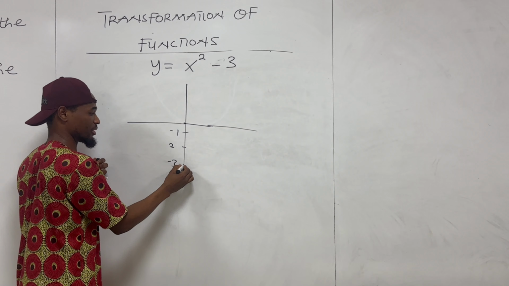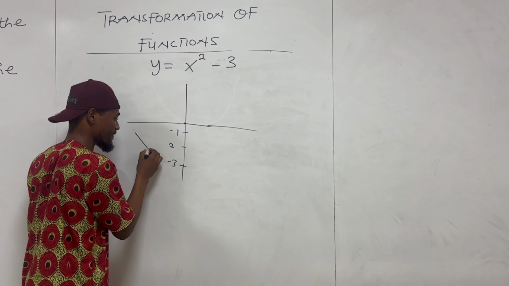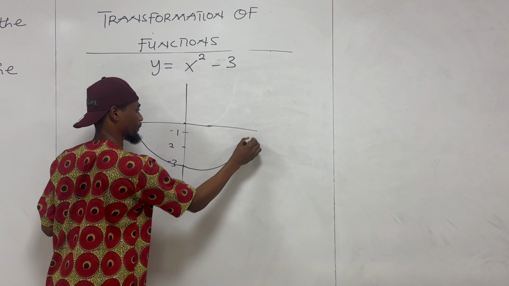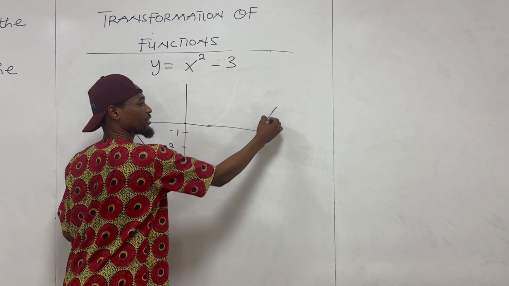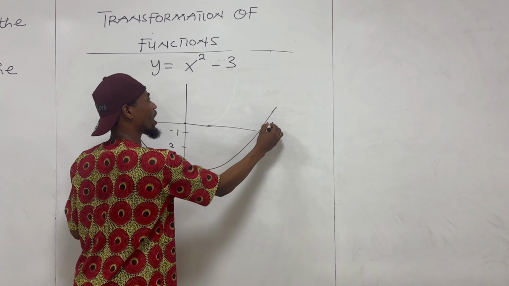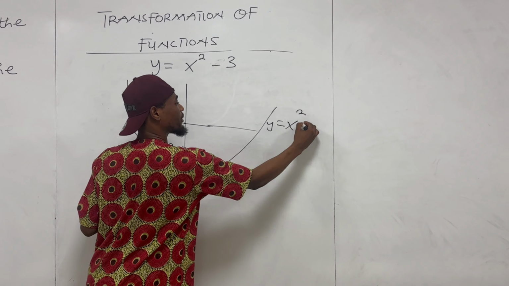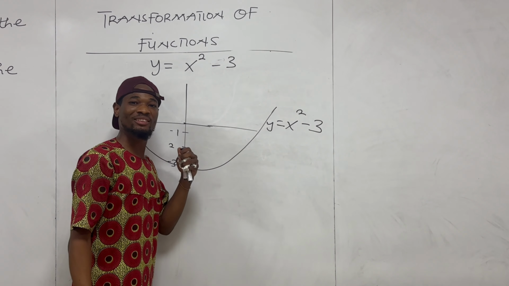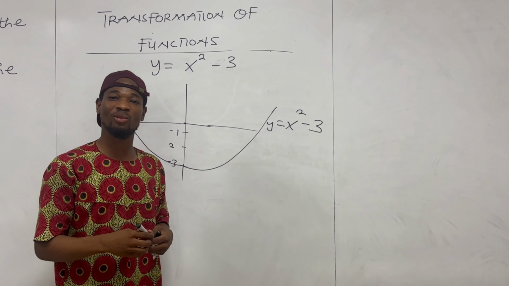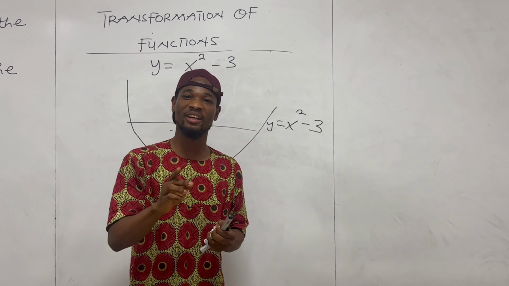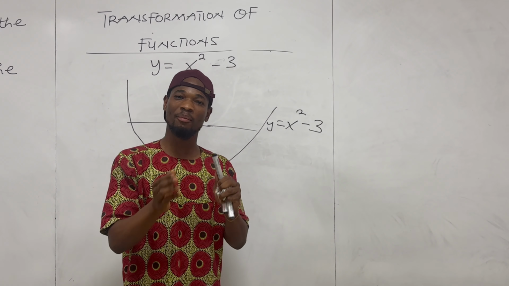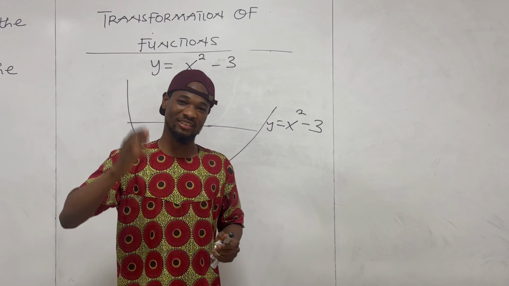So this is the graph of y equals x squared minus 3. Have you seen the essence of the first lecture slides? If you are new here, kindly visit the previous lectures.